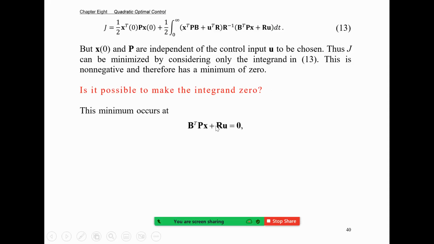Then this quadratic form will be 0. Is that clear? So the input has to satisfy this equation. Then you can get the control law in this form.